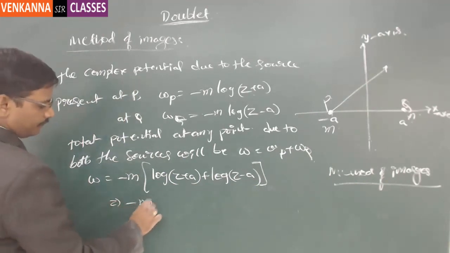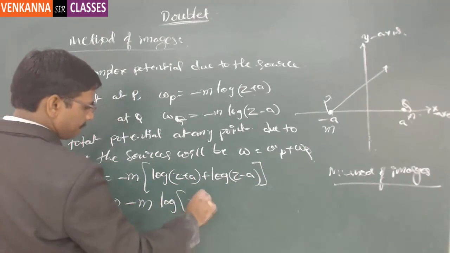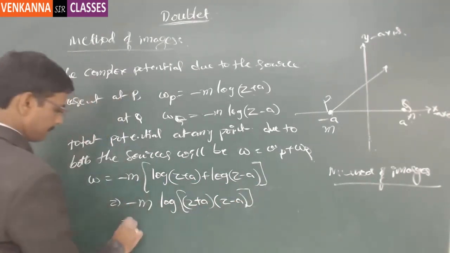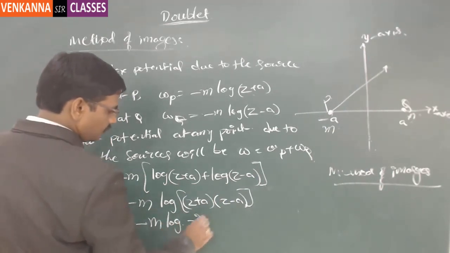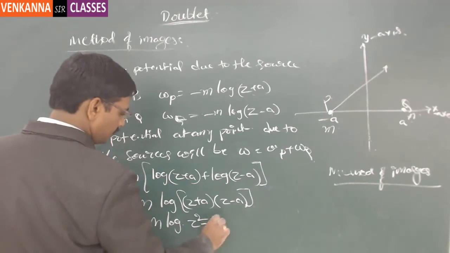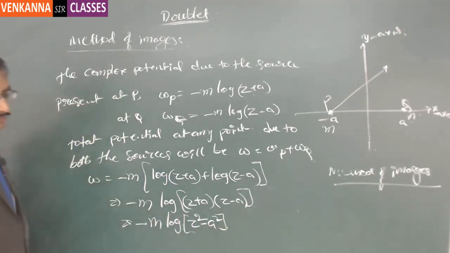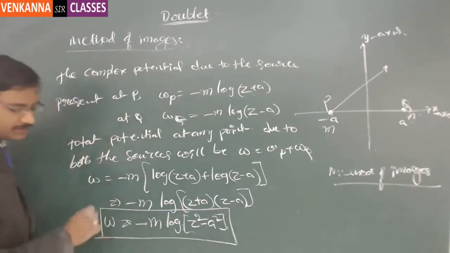So minus m log of (z plus a) into (z minus a), which is minus m log (z square minus a square). Got it? So this is how you will get the complex potential of the entire system of images.